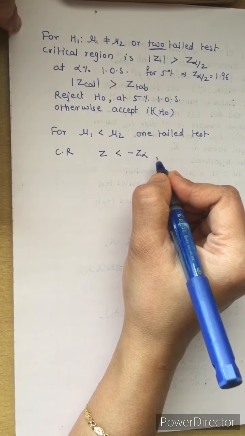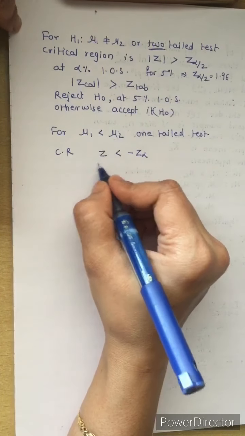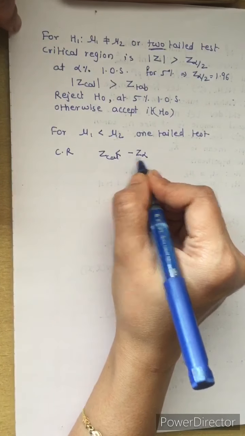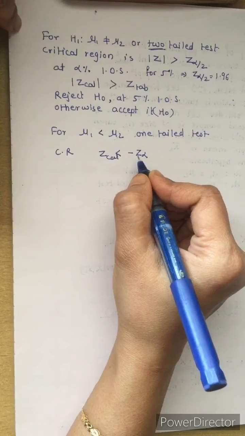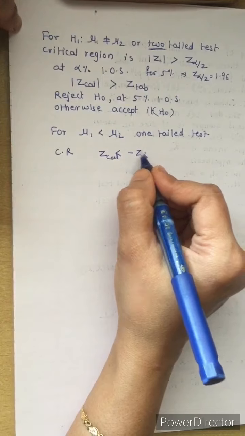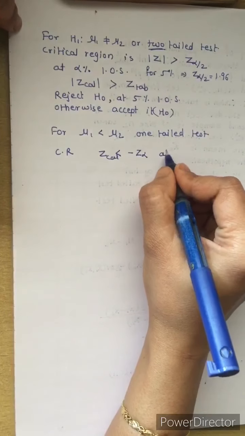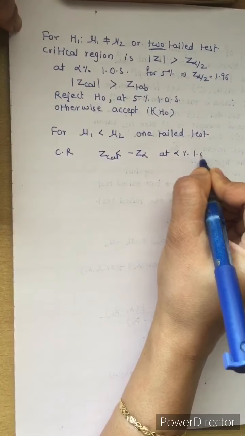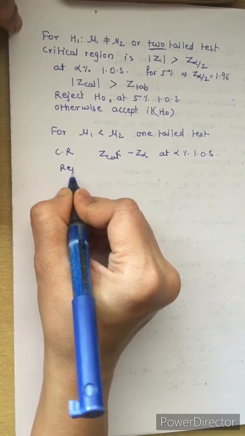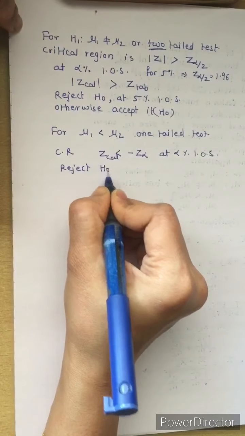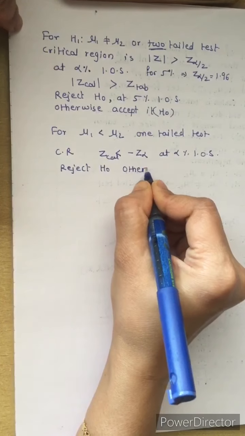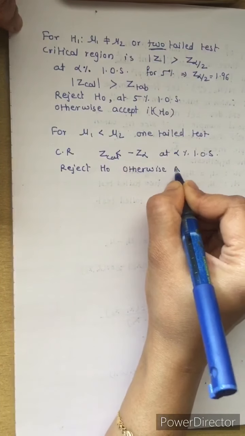In this case, if your calculated z is less than minus z alpha value, you need to place the minus sign in front of your z alpha value at alpha percent level of significance. If this is the case, then reject H0. Otherwise, accept it.